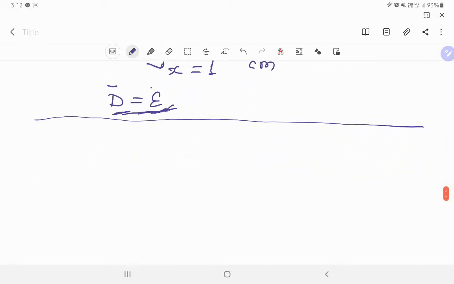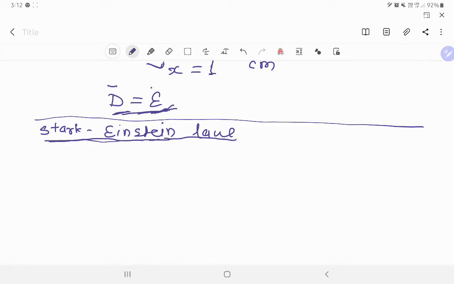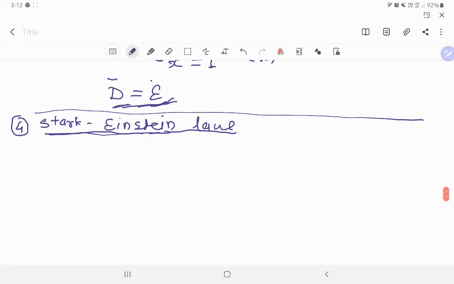It is also called the Stark-Einstein law of photochemistry, also called the law of photochemical equivalence. Fourth law of photochemistry. It is also a very simple law.